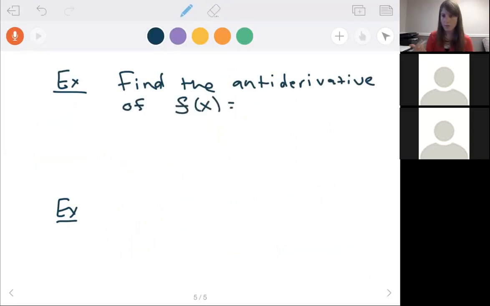Now I'm changing the wording just a little bit on this one, but we're going to say find the antiderivative of f of x, meaning we're finding the antiderivative, and sometimes it helps my brain to just not even think about the label or the title of the function.